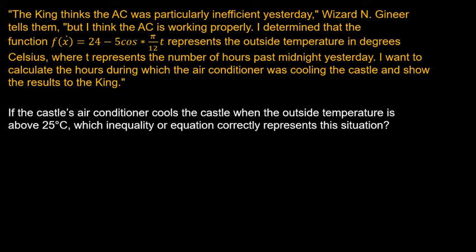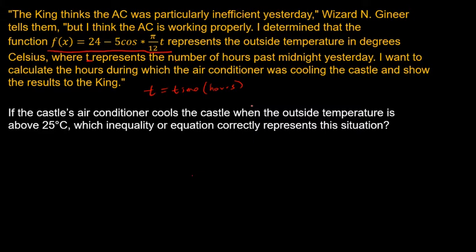The most important takeaway here is this function, right? So we want to understand what this function is symbolizing before we move on to the question. Well, they do explain for us that t represents the number of hours past midnight. So t is telling us the time in hours past midnight.